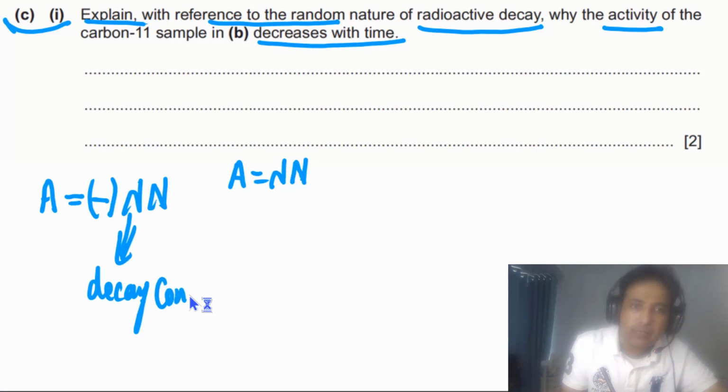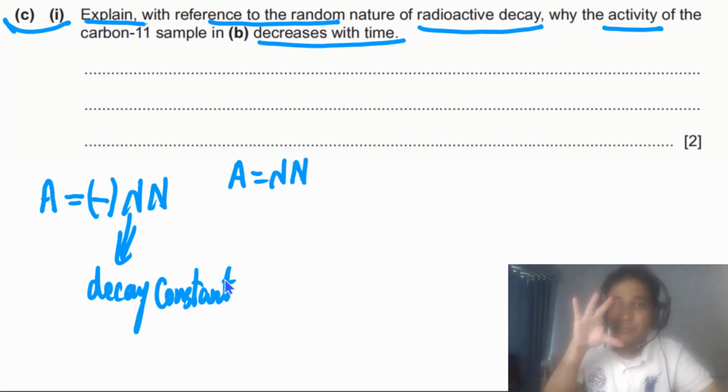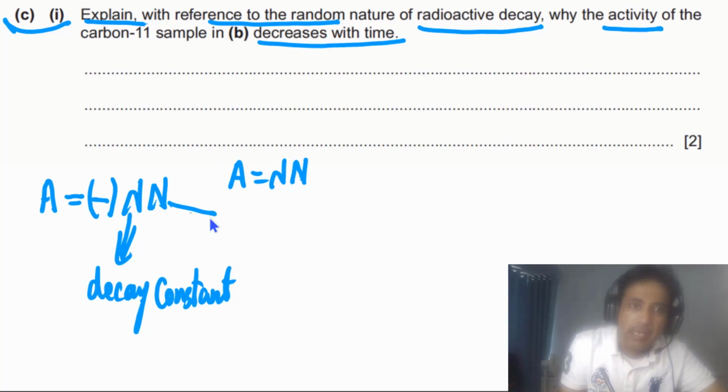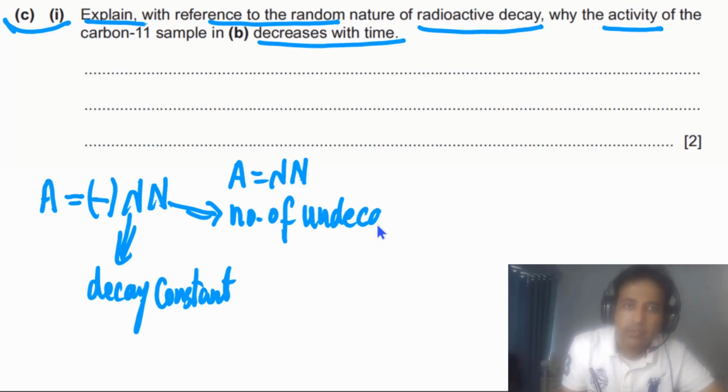Lambda represents the decay constant, the probability of decaying of a particular nucleus per unit time, and each nucleus in the sample has the same probability to decay, so lambda is a constant. N is the number of nuclei remaining in the sample, or the number of undecayed nuclei. Very important to understand: number of undecayed nuclei in the sample.